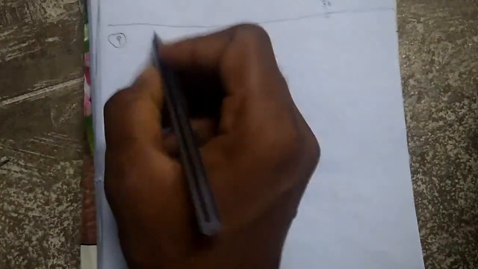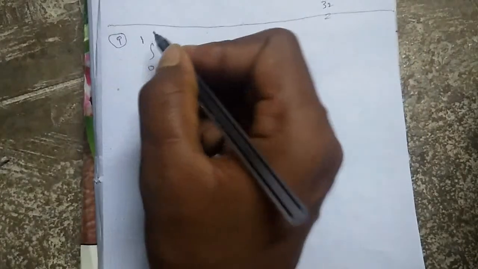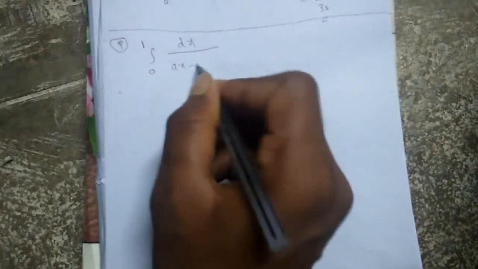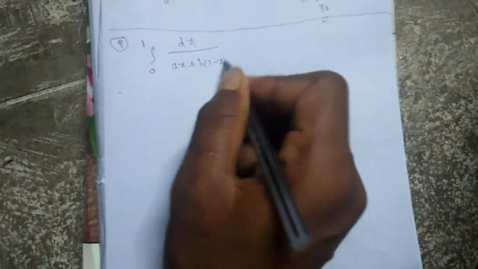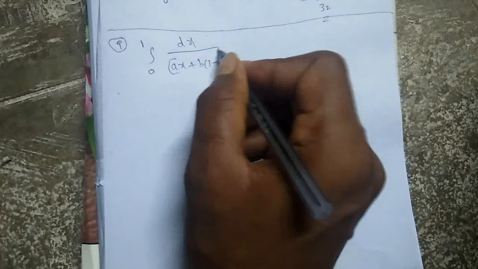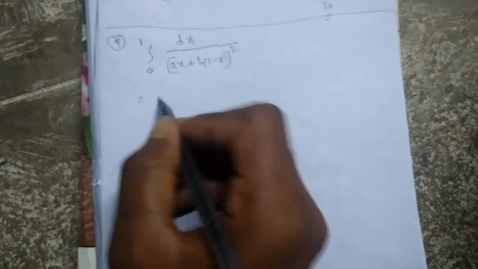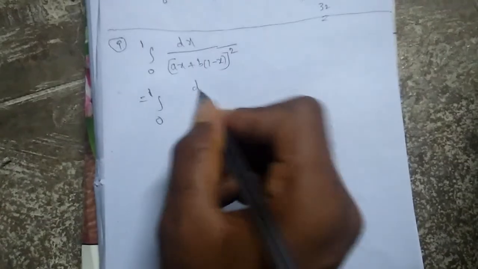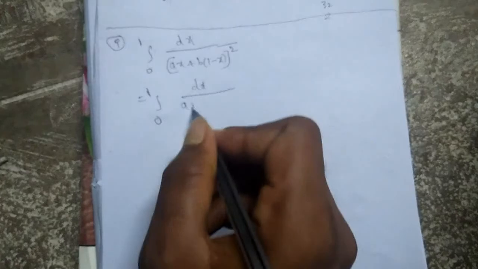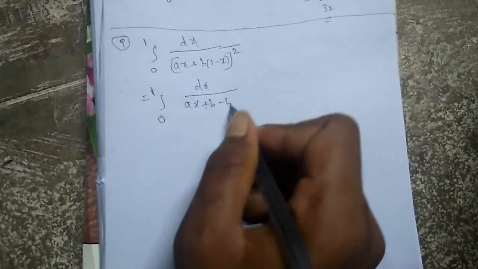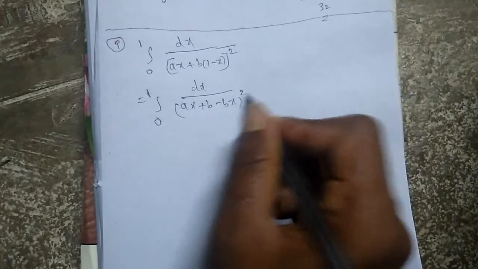Our next problem is integral 0 to 1 dx by (ax plus b into 1 minus x) whole square. This is 0 to 1 dx by (ax plus b minus bx) whole square.